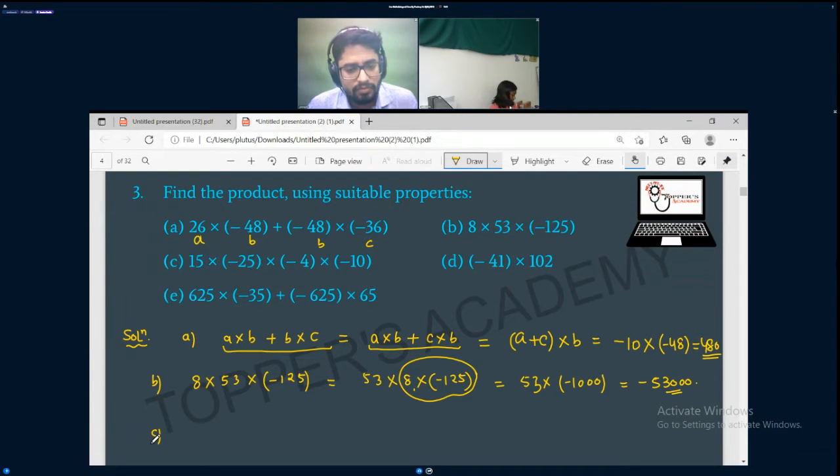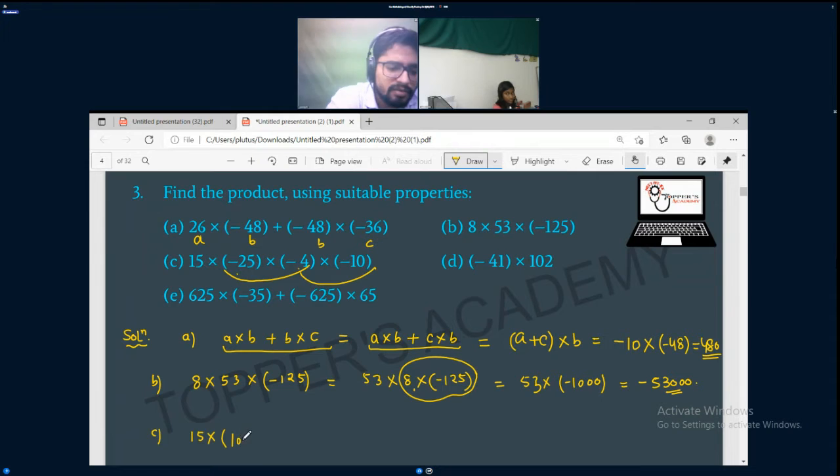Is it minus 15,000? Yes. So minus 25 into minus 4 gives us 100. Yes. So this is 100. Then 100 into minus 15 into 10. We can say this is 15 into minus 10, and so you have to use your commutative property also.